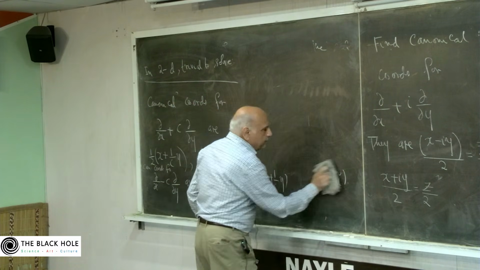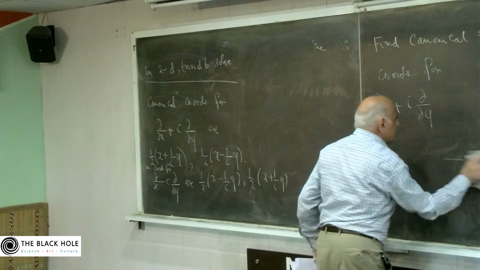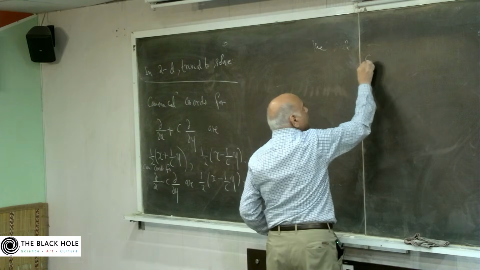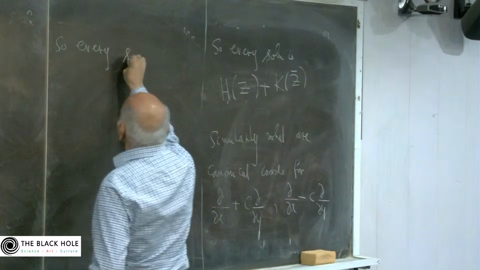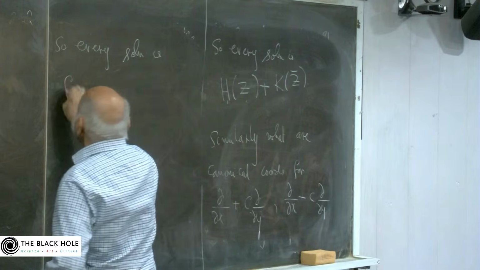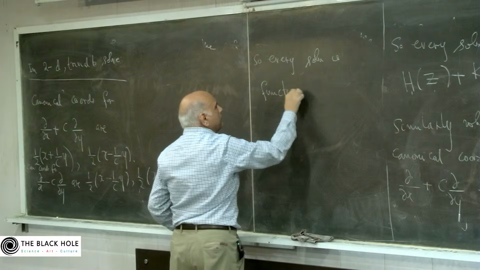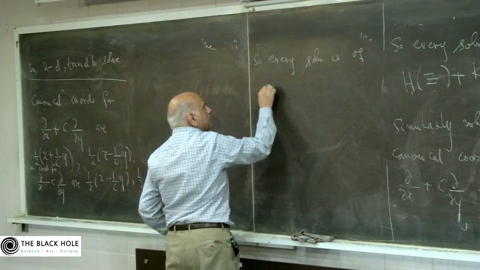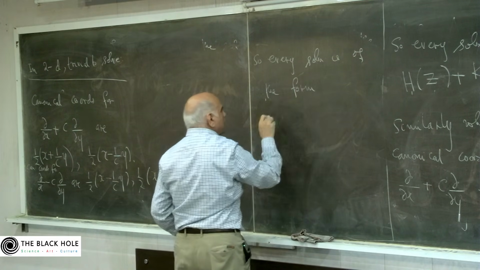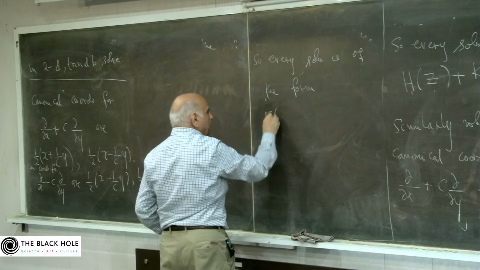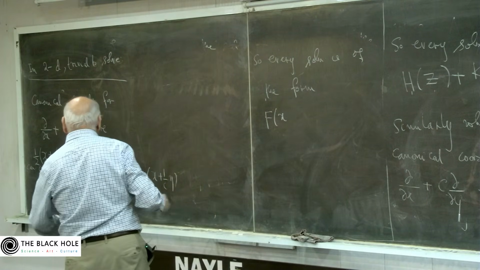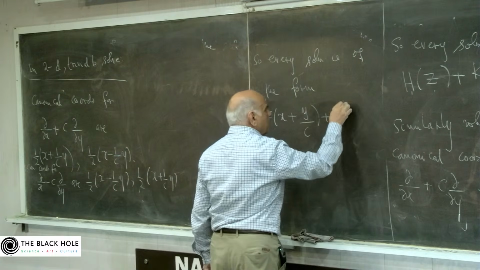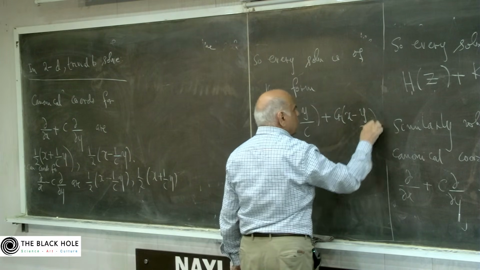So every solution is a function of, so every solution is of the form f of x plus y over c plus g of x minus y over c.